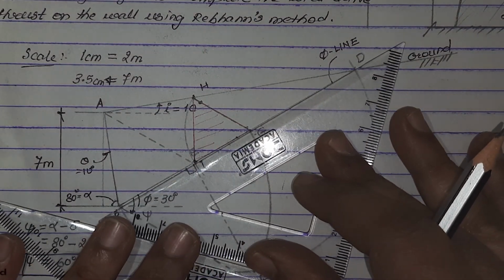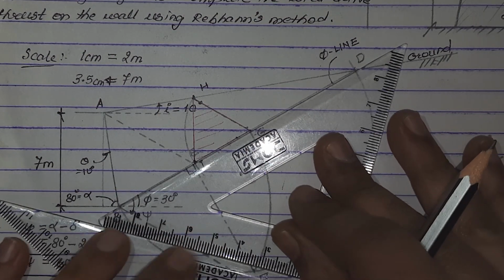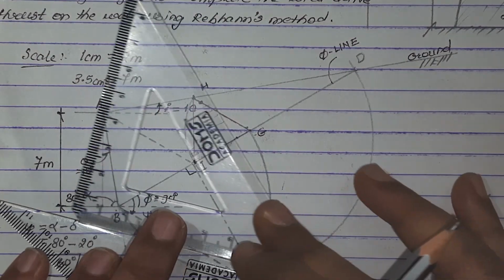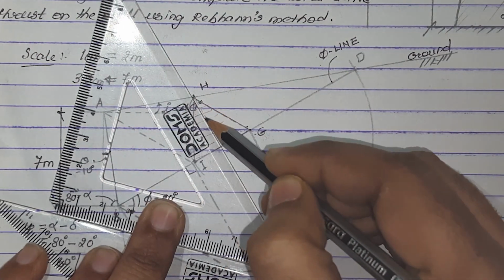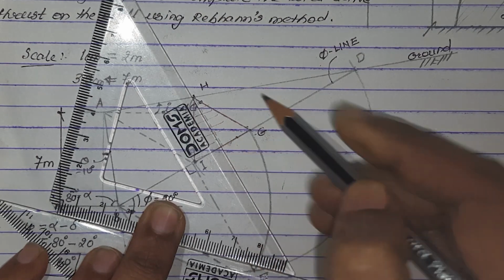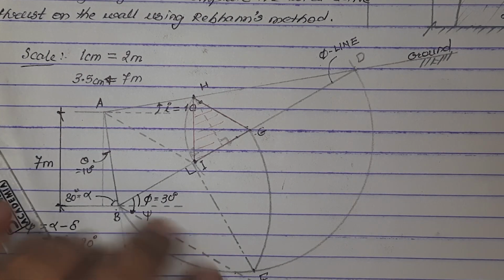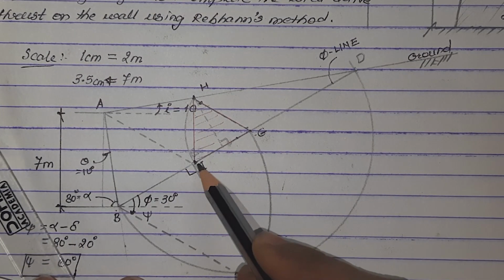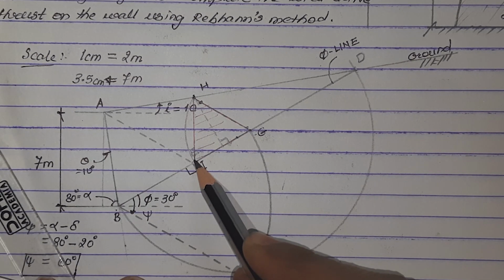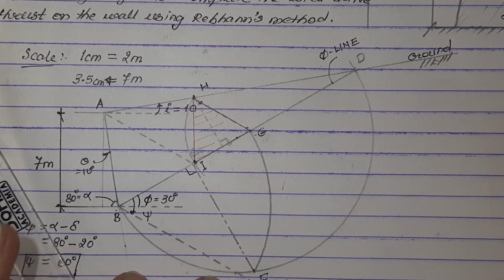So GI is the base of the triangle and perpendicular will be drawn in this way. So this is 90 degree. Alright, so measure this vertical distance, it will be the height of the triangle. Measure the base GI and thereafter calculate the area of the triangle.